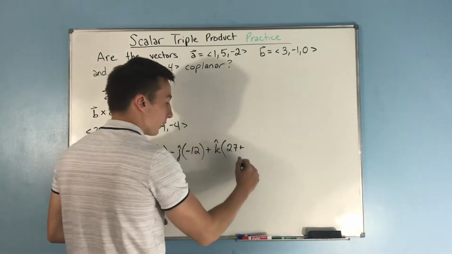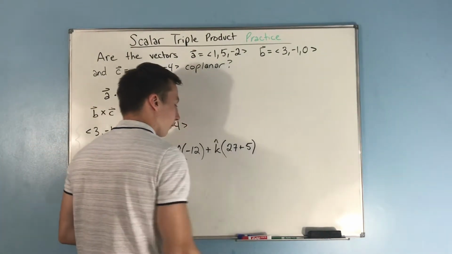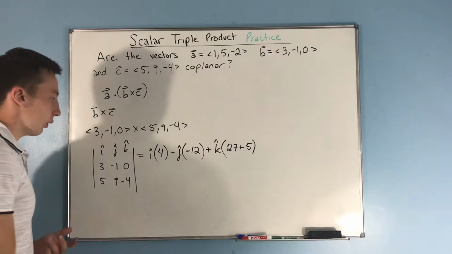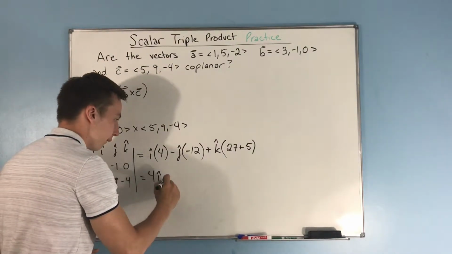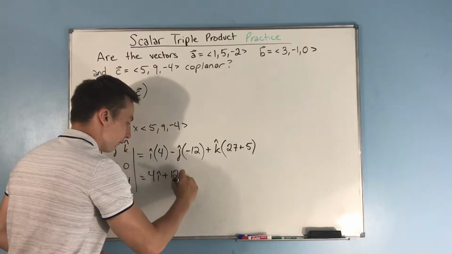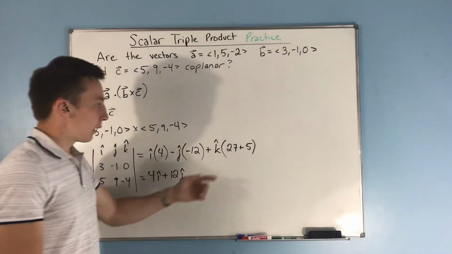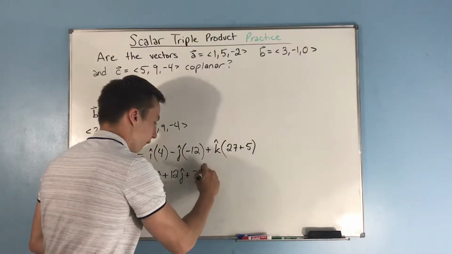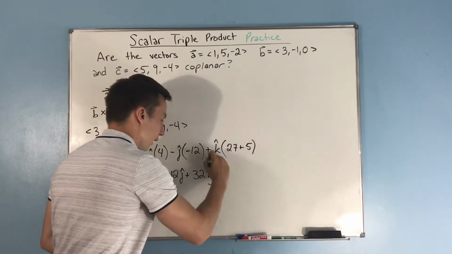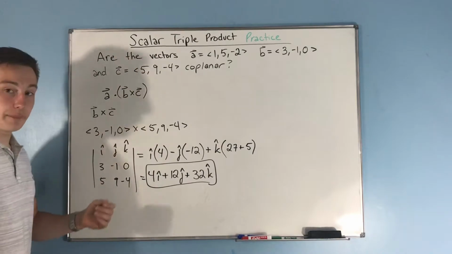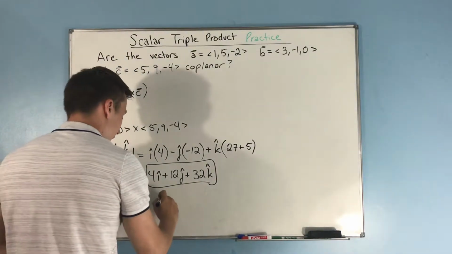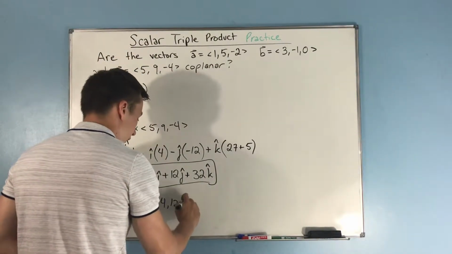That makes this plus 5. Altogether, we get 4 i hat plus 12 j hat plus 32 k hat. That is your B cross C, and you can also write that as <4, 12, 32>.